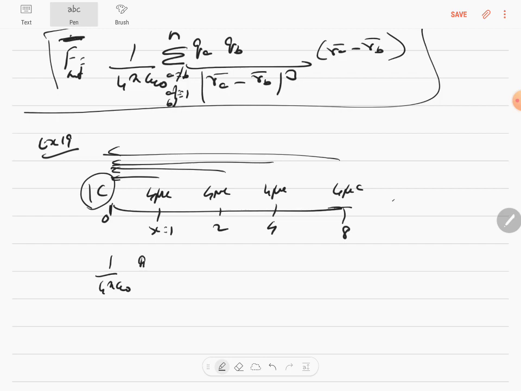So it's Q1, Q2 by the distance R1 square, R2 square, and so on. Let's write the charges itself.